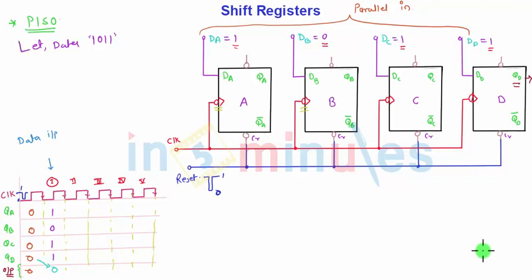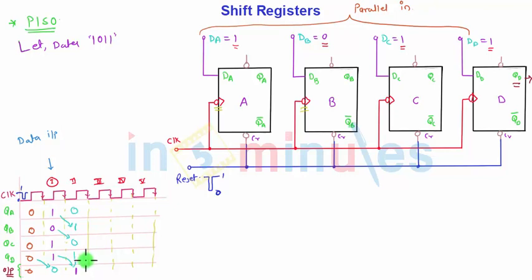So we have to wait for some time. For the second clock pulse this 1 will be taken out and the data will be shifted: 0 will come here, 1 will come here, and since there is no data, I am introducing a 0 here. So 1 will be taken out, so here 1 will be there.